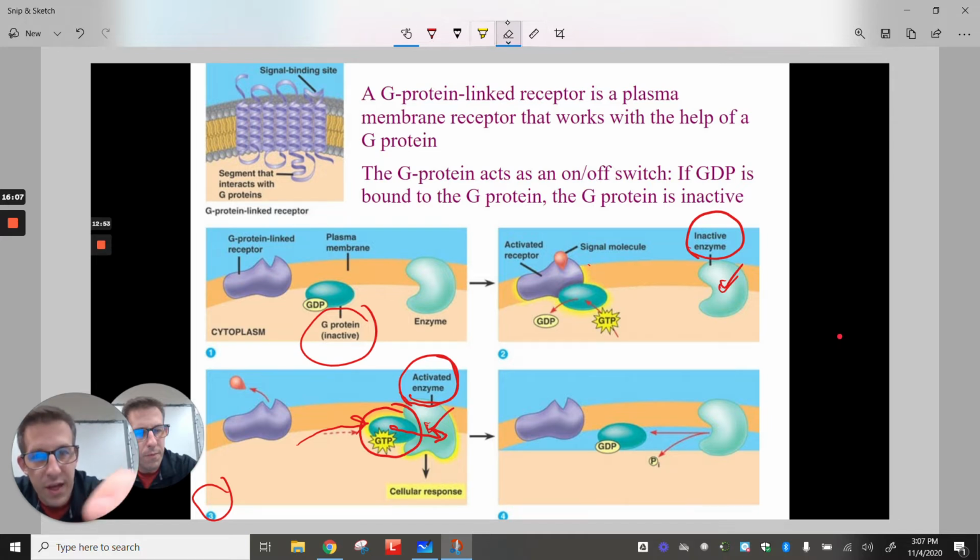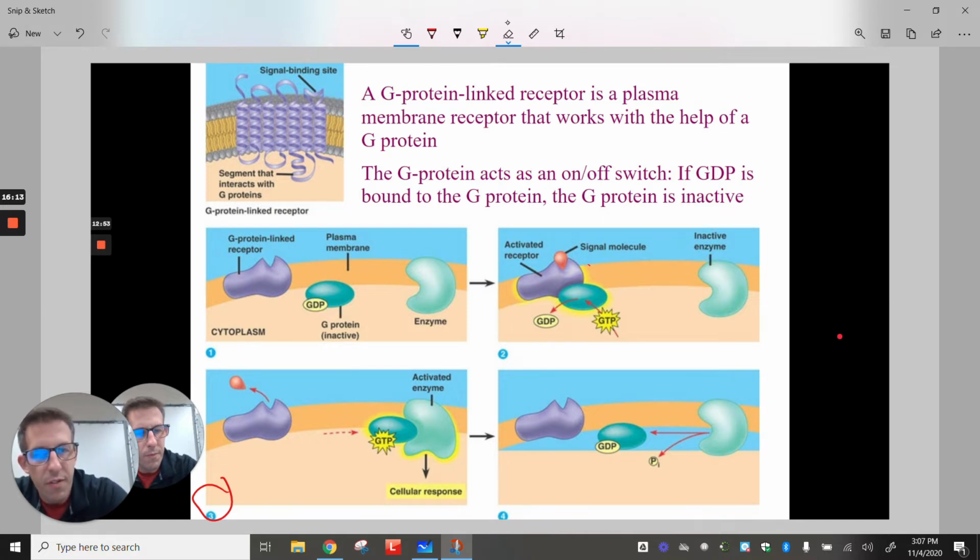Now let me erase all that. All right, and get rid of this too and this. All right. So what we see now is that this enzyme has been activated, and what do we see as the next step? A cellular response.